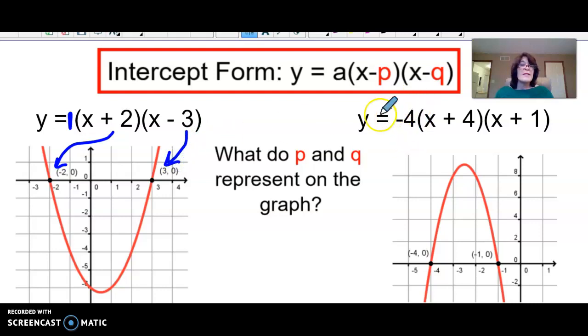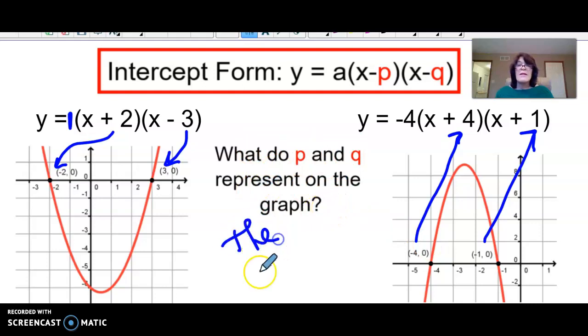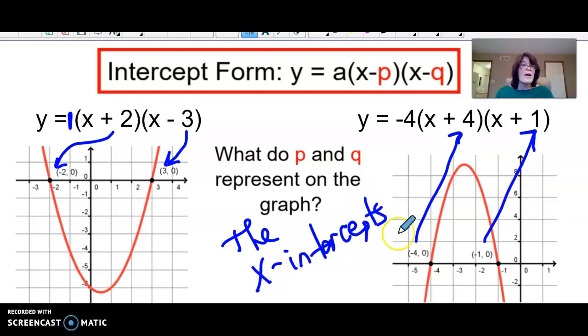Here, my a is still the same. A through all these tell us the same thing. I'm opening down and I'm more narrow. And my intercepts are -1 and -4. So what do P and Q represent on the graph? The x intercepts. X, not y. It's not where we cross y.